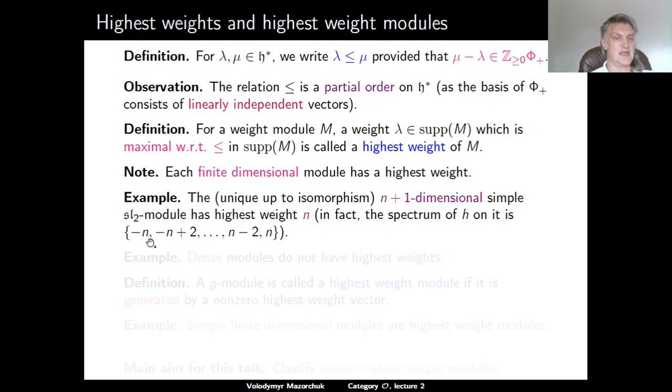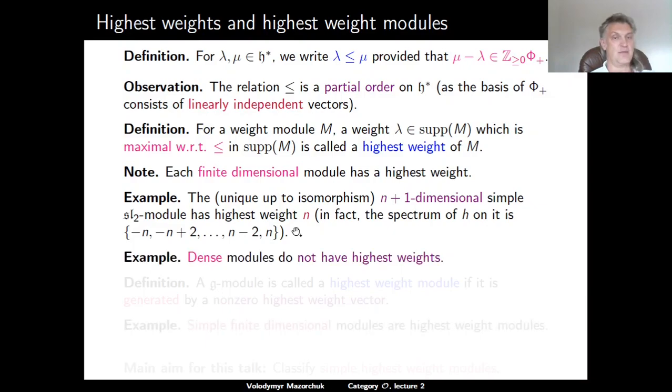So out of these weights, the only weight such that n+2 is not a weight is the weight n. So the weight n is the unique highest weight of this module. So the simple n+1 dimensional sl2-module has highest weight n.